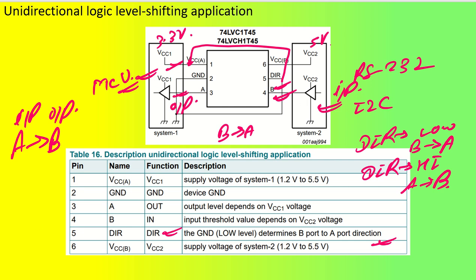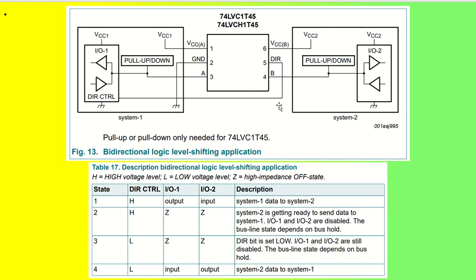Now how can we make it bidirectional? For a bidirectional setup, instead of connecting this direction pin to high or low permanently, we can control it through some IO signal. We can utilize a GPIO of a microcontroller to do the same job.